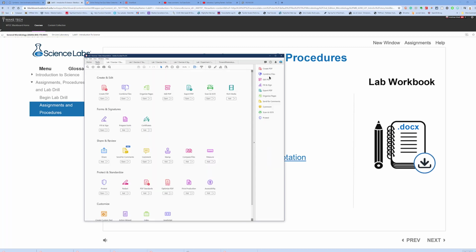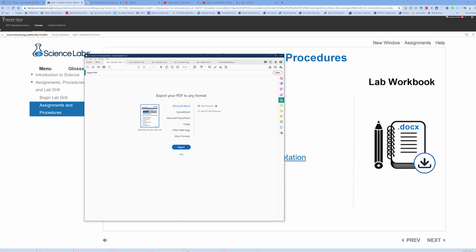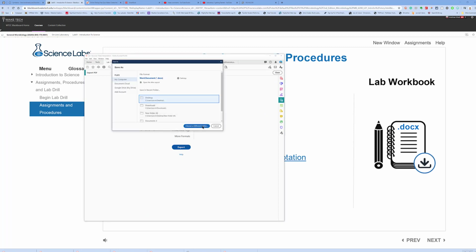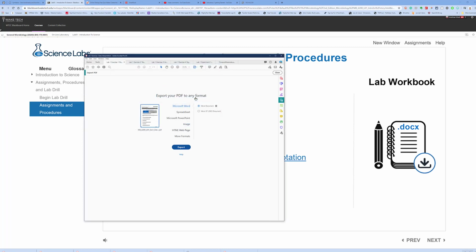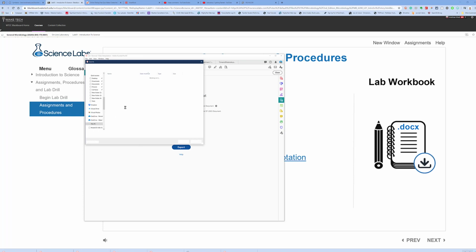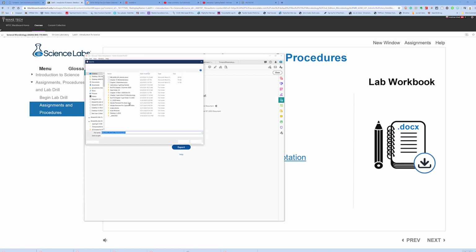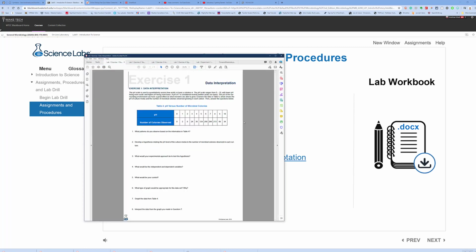So I just take these and convert them to a Word document, and so I export it, and then I'll make available to you those documents, so you can have those to submit. So it just makes it a lot easier than a PDF file. So I will make that available to you as time goes on.